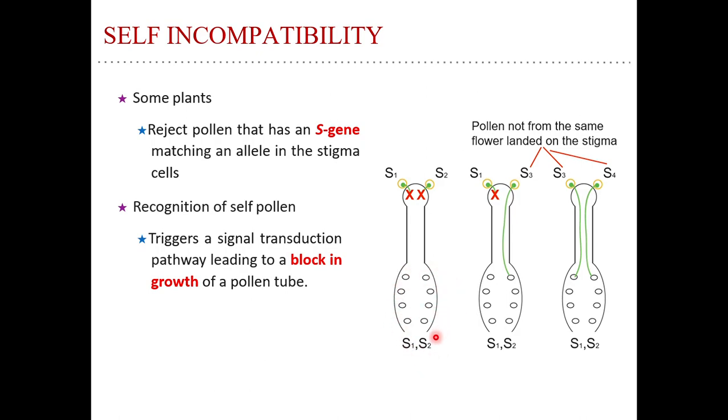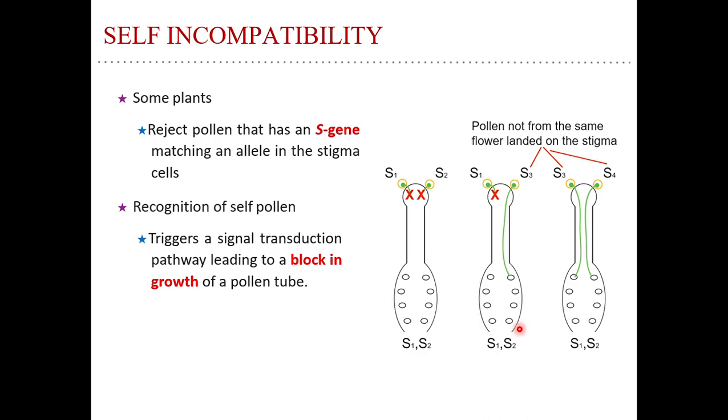So what happens if the pollen comes from a flower with the same S genes, S1 and S2? It blocks the formation of the pollen tube. Okay, incompatible.